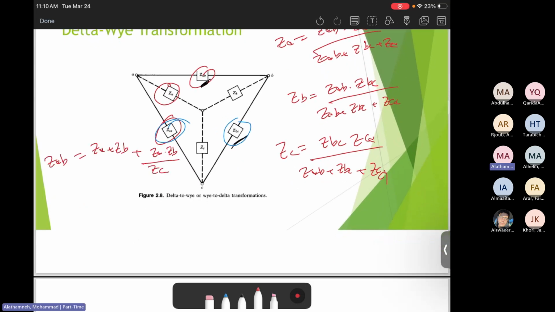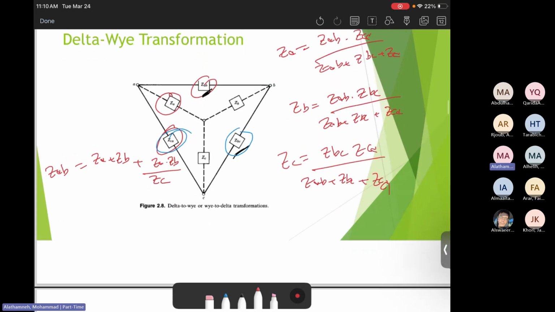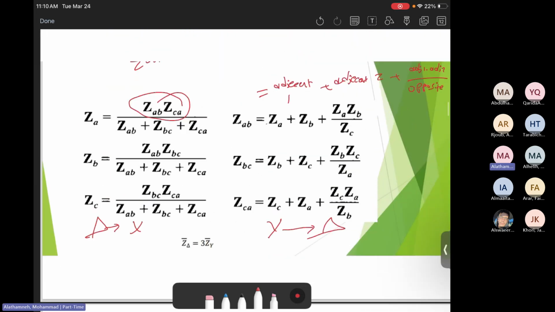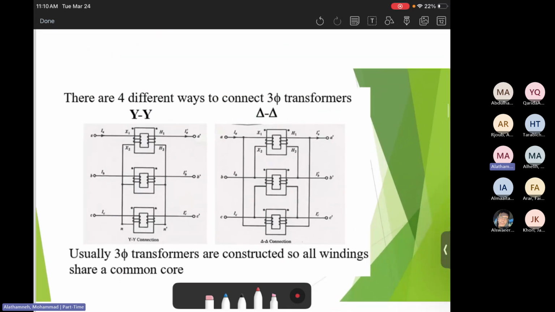Then the same thing for ZBC. ZBC equals ZB plus ZC plus ZB times ZC divided by ZA. Then the last one, ZCA, which will be ZC plus ZA plus ZC times ZA divided by ZB. Okay, that's the delta Y transformation that you need to be familiar with how to do.